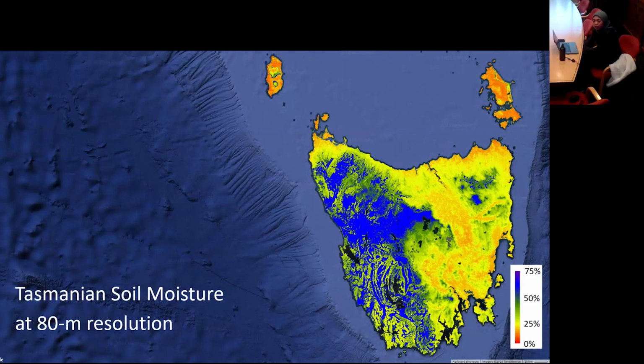This picture is an example. For the subsurface, in the agricultural area, the soil moisture ranges from 10 to probably 30%. And most of the area in the western part of Tasmania is predicted to be very wet.